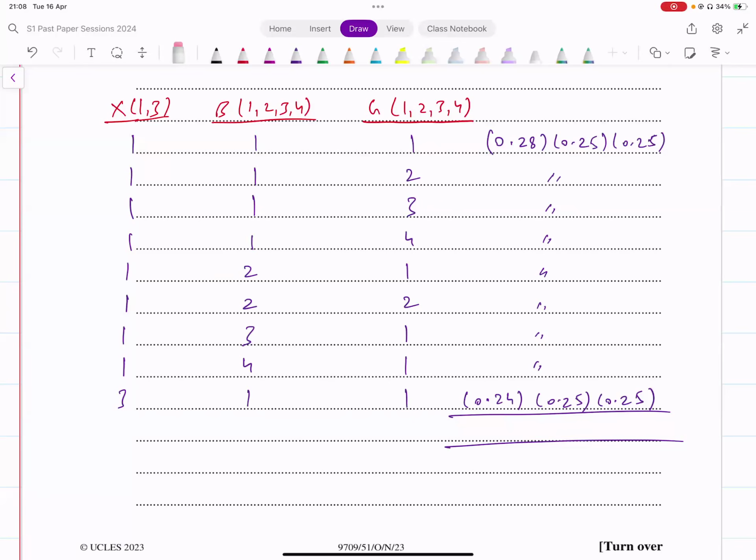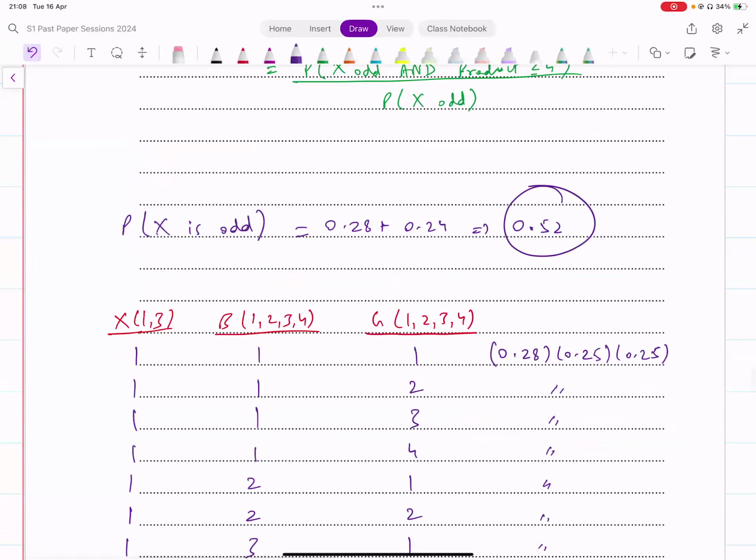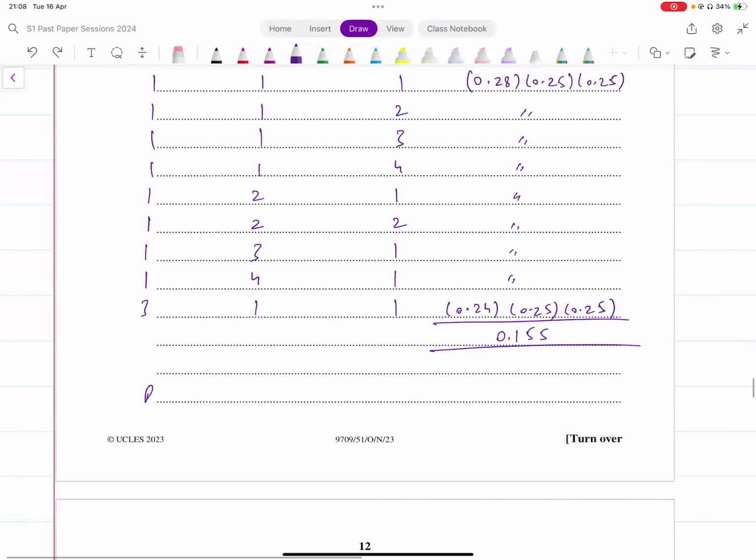That's giving me 0.155. Can somebody confirm this as well? 0.155, that's what I'm getting. Right? Okay, good. So this is the numerator then. This is the denominator. Now we can just input these values in that formula. What's the probability that we are looking for?